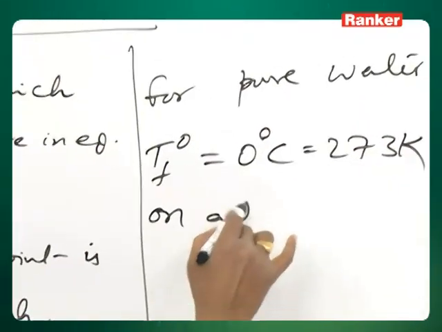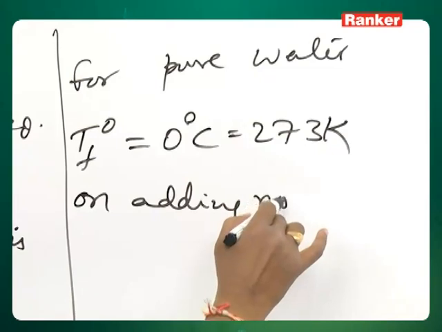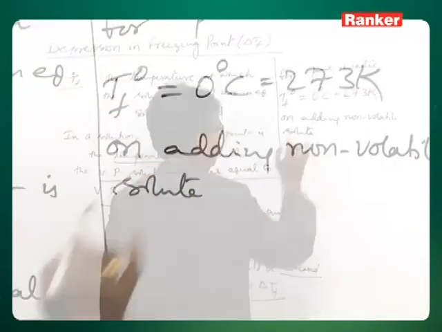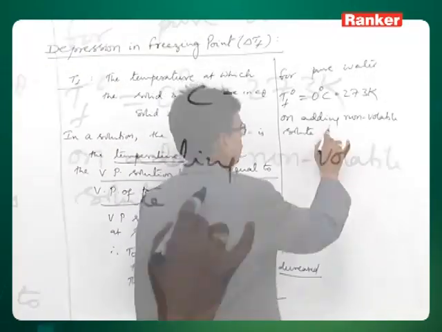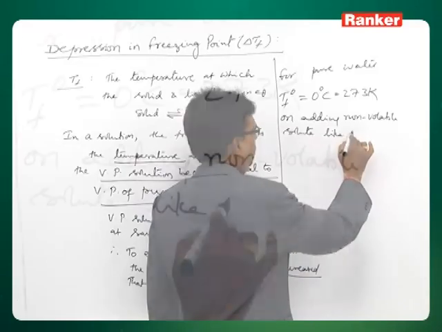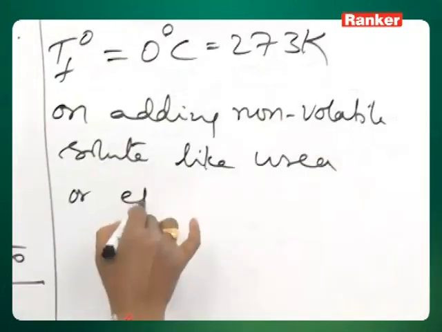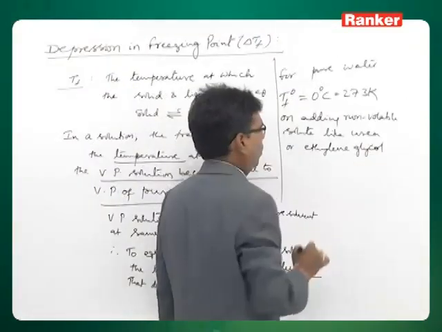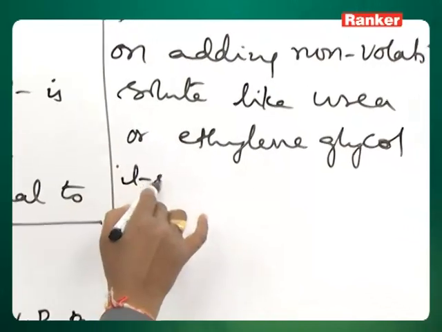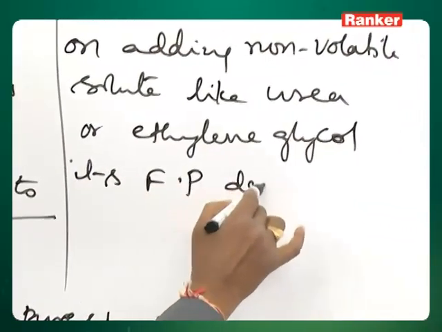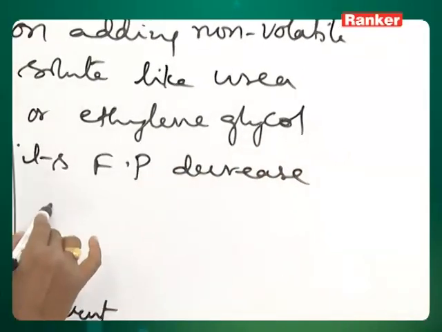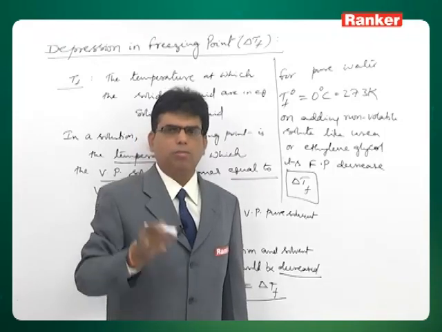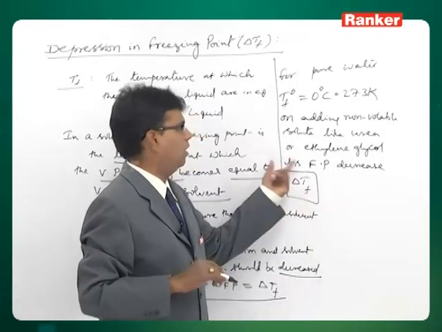On adding non-volatile solute like urea or ethylene glycol, what will happen is its freezing point decreases. The decrease is what we call delta TF, depression in freezing point of water, water being the pure solvent, that is what we call delta TF.